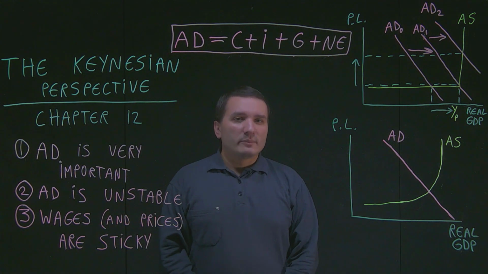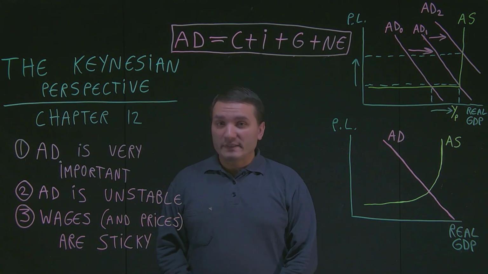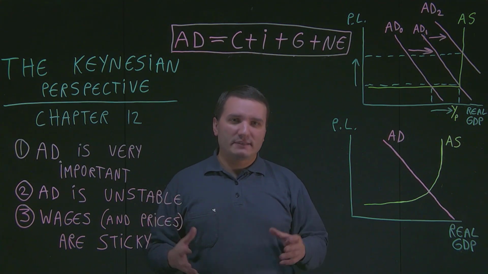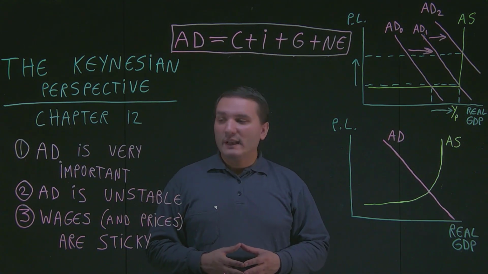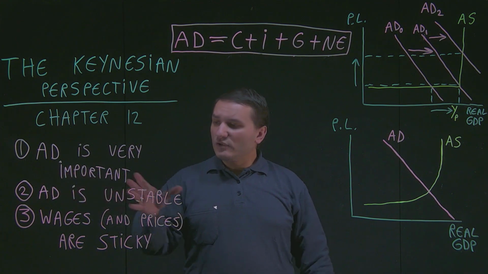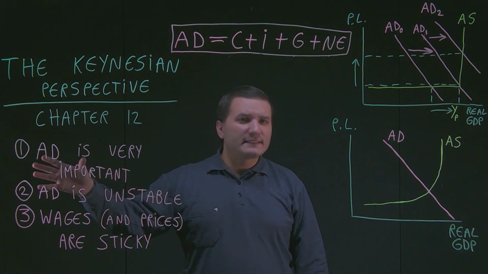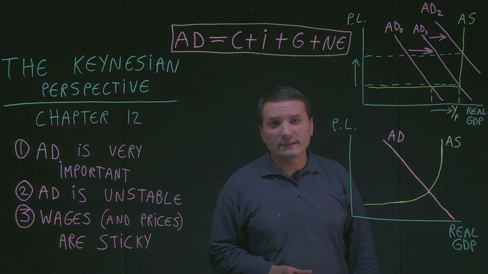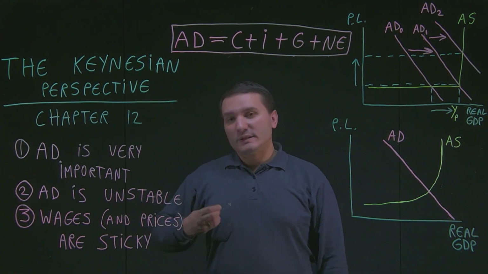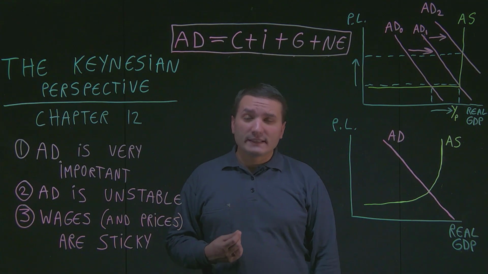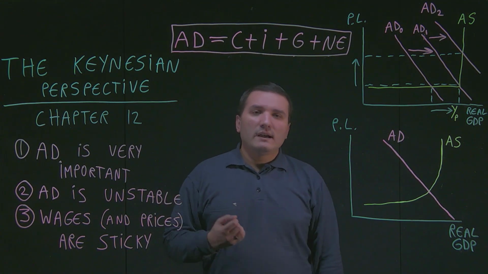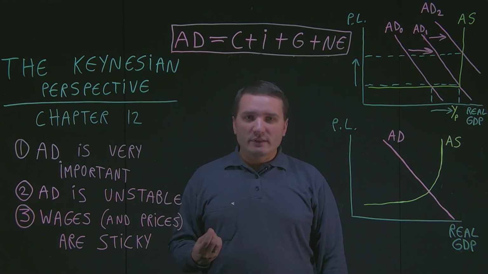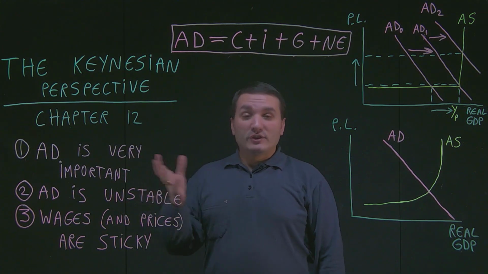But either way, the point is that what the government does or doesn't do has a big impact on the macroeconomy. And also, change is constant. Aggregate demand is unstable, and this impacts the economy a lot. There's a lot of change going on in the economy, and the government should respond to that change through policies that can be left-wing or right-wing. But either way, the government should respond to what's going on in the economy by changing government policy.